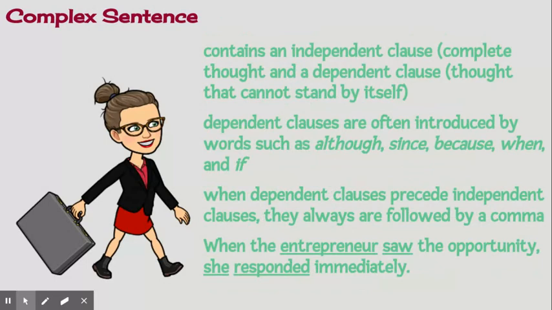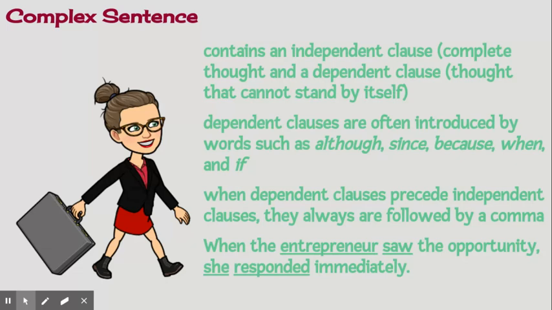Complex sentences contain an independent clause, in other words, a complete thought, and a dependent clause, a thought that can't stand by itself. Dependent clauses are often introduced by words such as although, since, because, when, and if.